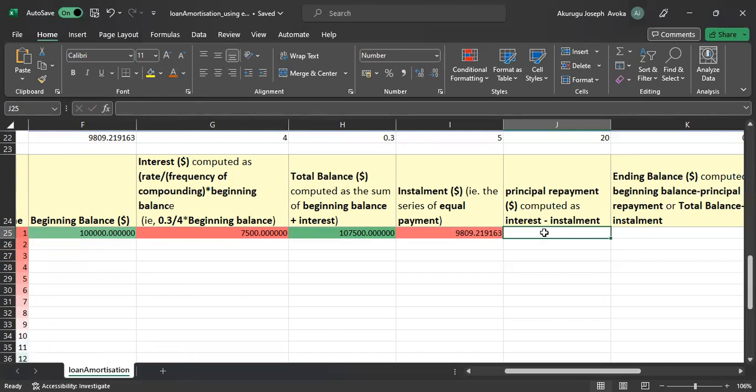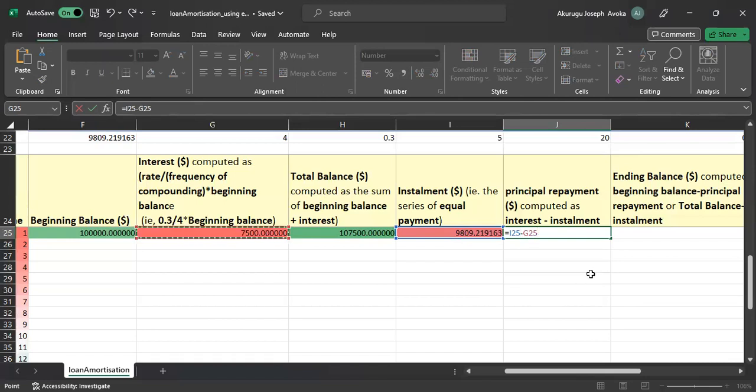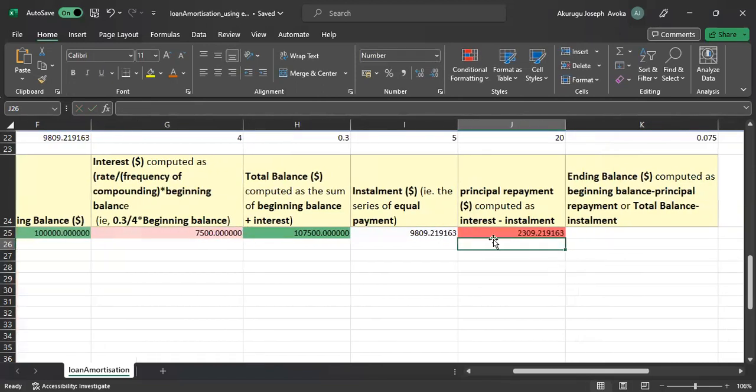So we perform the operation: you have this minus this, then you hit enter, and that is that. This is what you're going to use to reduce your owings in terms of the principal to the lender.